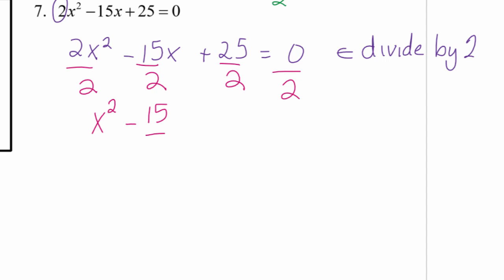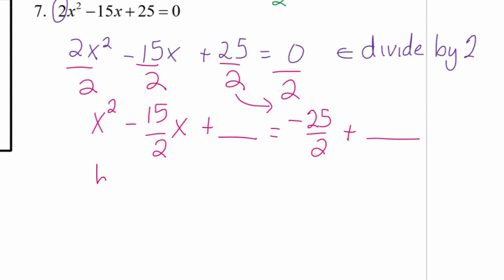This is 15 halves. Ah, we have a fraction. Darn. And now let's go ahead and subtract the 25. So I'm going to leave some room here for my completing the square. And then this is going to be a negative 25 halves. And yes, we have ugly fractions, but we can do this.